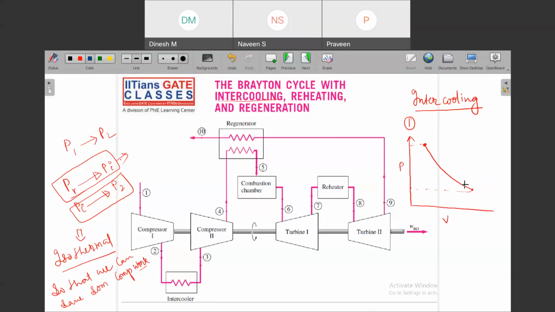Now what happens is that you are not compressing it in one go, but you have compressed till some intermediate value, and then you have cooled it, and then you have again compressed it.